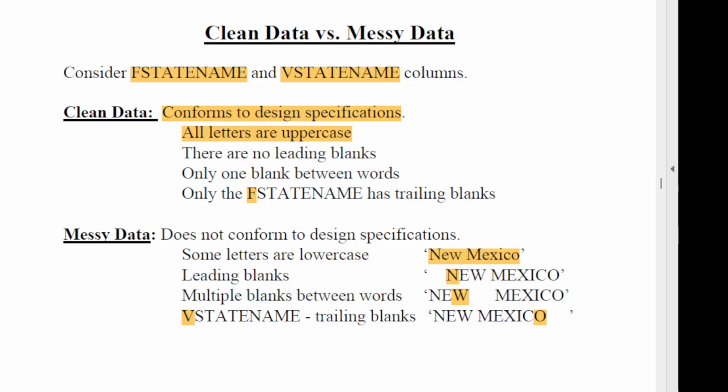To have trailing blanks in a fixed length character string is okay. By the way, you kind of hope you always have clean data, but sometimes you will encounter messy data, and we want to help you find it and fix it. But first of all, you need to be aware of it.